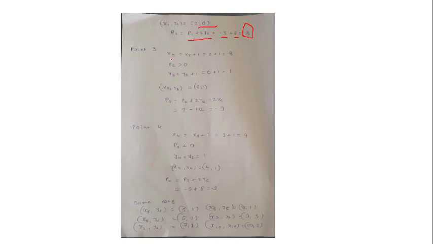So for the next point, we will use x3 is equal to x2 plus 1 is equal to 2 plus 1 is equal to 3. And for y, as the value of p2 is greater than 0, we will increment in the y direction also. So y3 is equal to y2 plus 1 is equal to 0 plus 1 is 1.